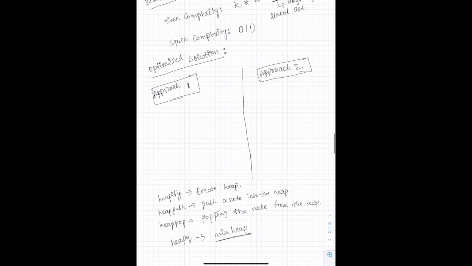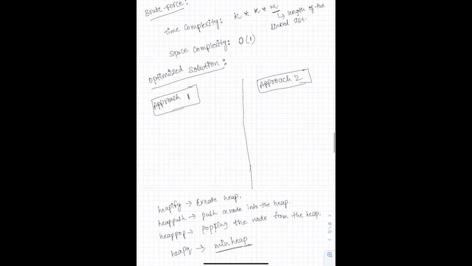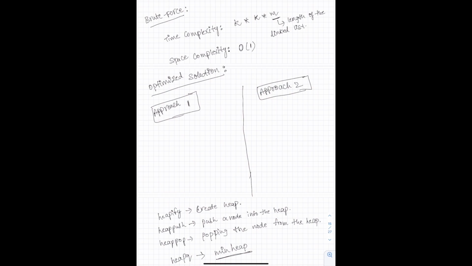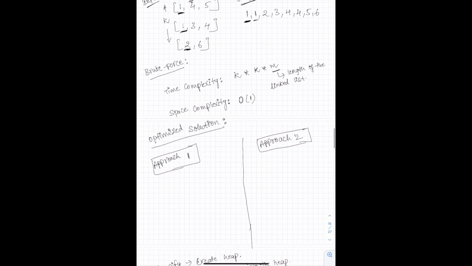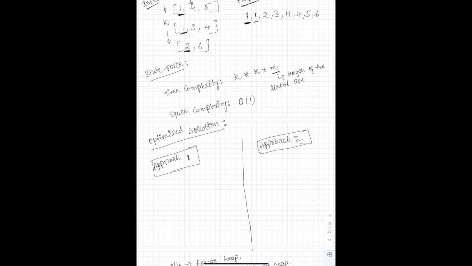So what are we going to push into this heap? For this heap to work, we need the node value, the index, which means which linked list this node actually belongs to, and the node itself.